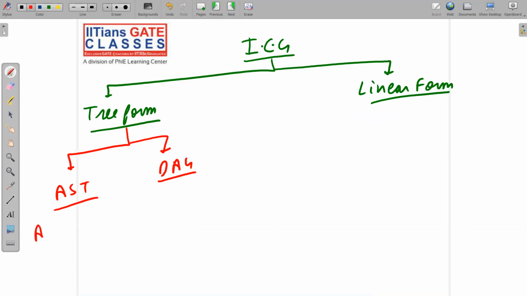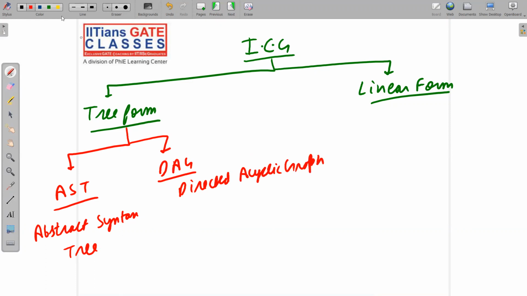AST is abstract syntax tree. DAG is directed acyclic graph.